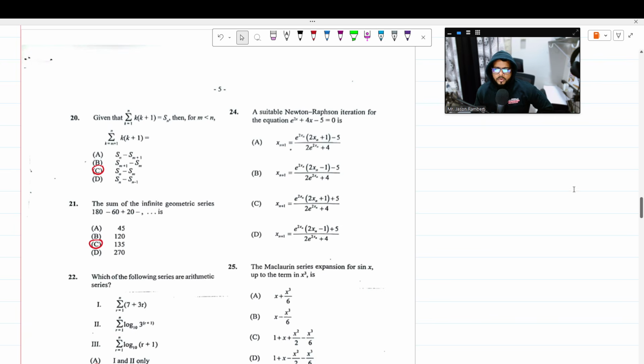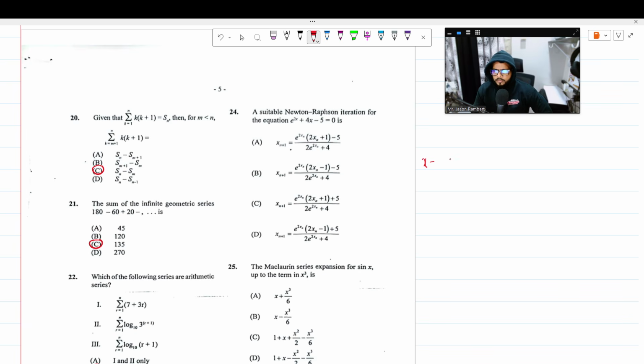This one was also a repeat, and I made a mistake in the last year paper where I didn't take away. It's x take away. So the 4x and the 4x cancels. The 5 remains, and we got e to the power 2x into 2x minus 1, I believe. I want to say the answer for this was D, but let me do it over.